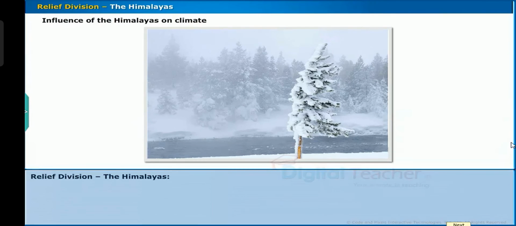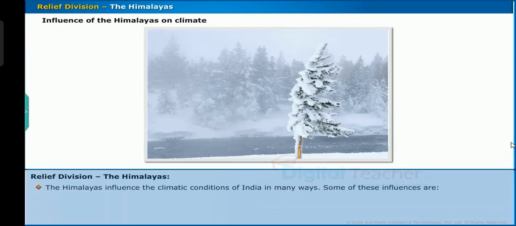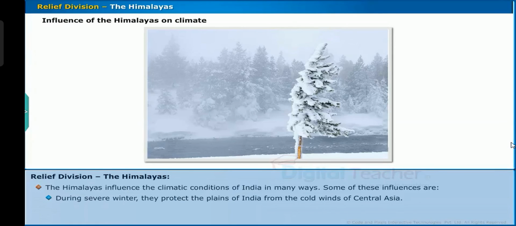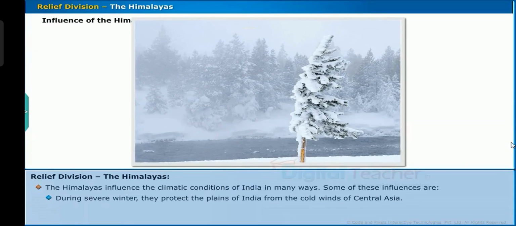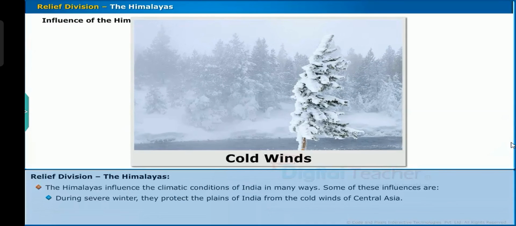After learning about the different ranges of the Himalayas, let us learn about the influence of these mountains on the climate. The Himalayas influence the climatic conditions of India in many ways. Some of these influences are: during severe winter, they protect the plains of India from the cold winds of Central Asia.